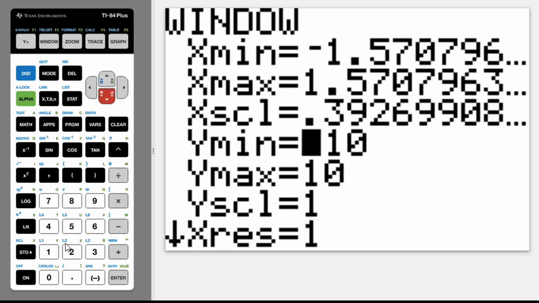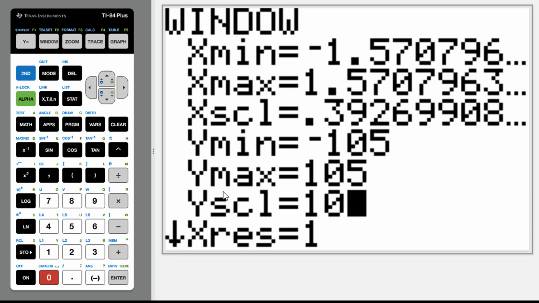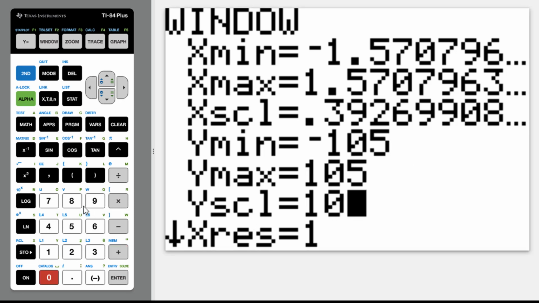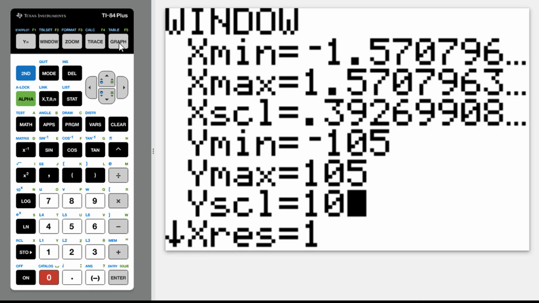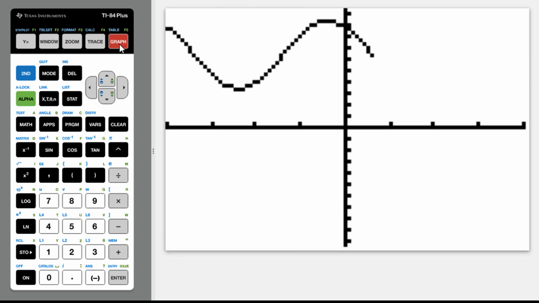For the minimum, you will do negative 95 minus 10. And a maximum, you can put 95 plus 10. For the y scale, normally it's 1, 10, 20, 30, and so on. That's the reason I will put the 10 here. Then we draw the graph.